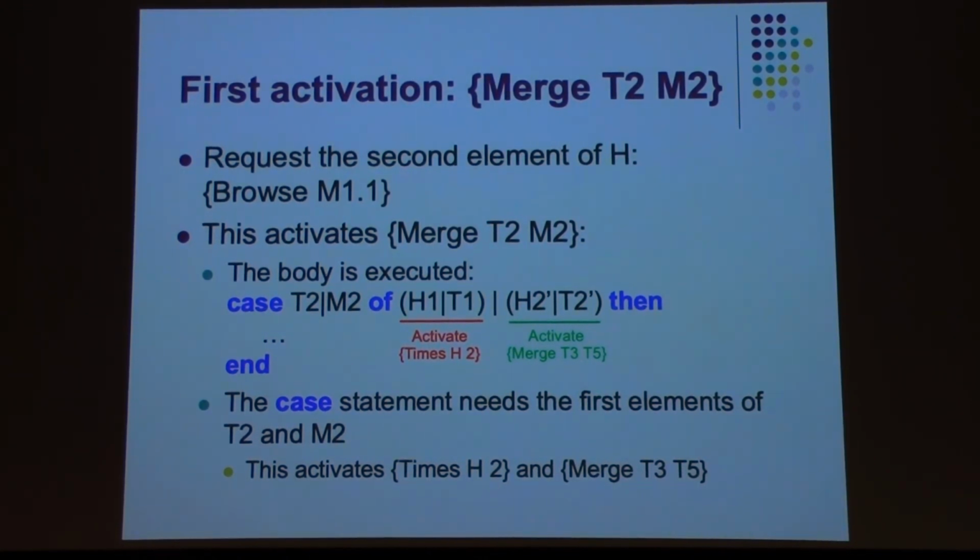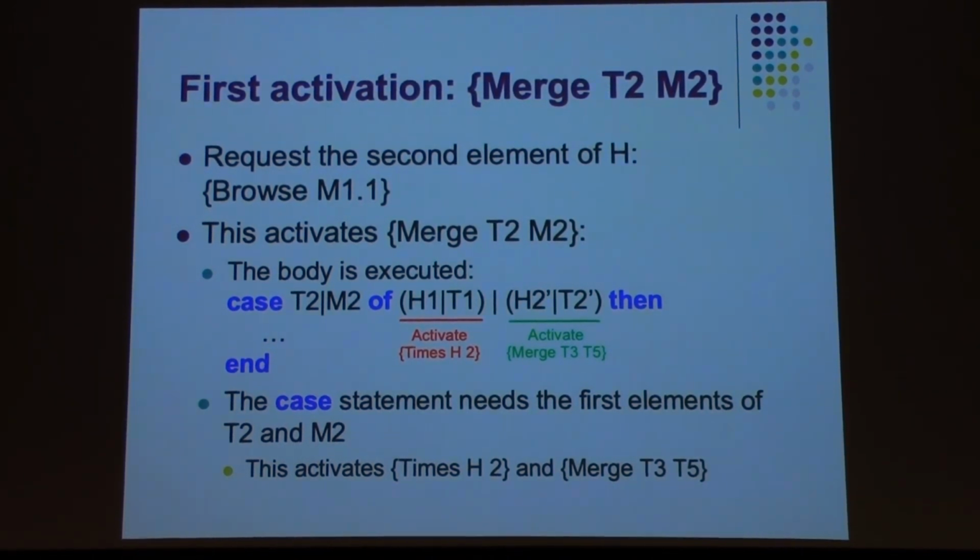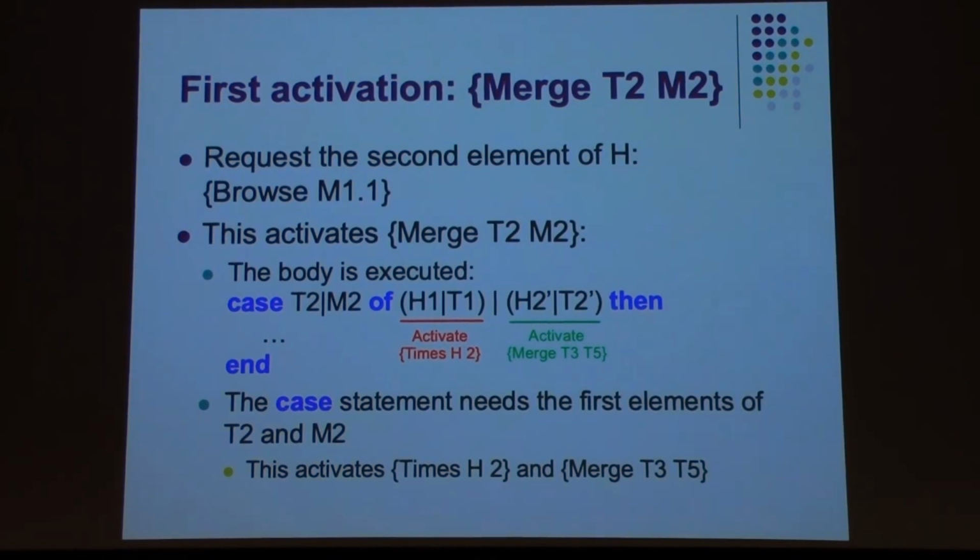I'm not inventing anything new here. This is all simply a consequence of how we, the translation of wait needed, huh? So whenever you have a chain of lazy functions, when you need one, it will activate the next one, usually, and then that, and so on. So you have a whole chain. So just doing one thing here will cause a whole bunch of work to be done, huh?